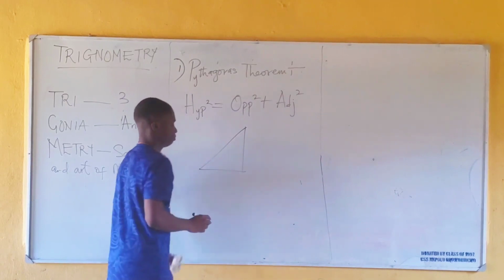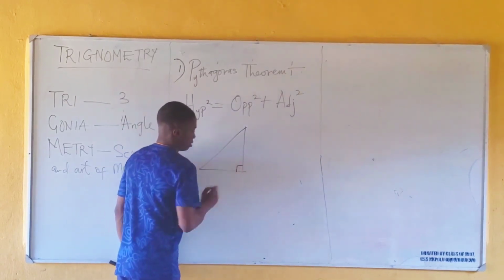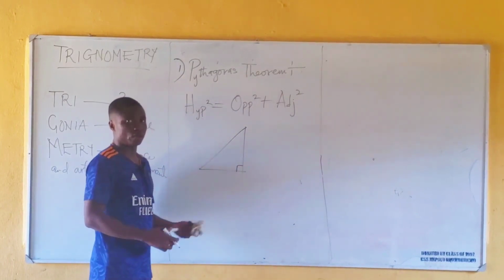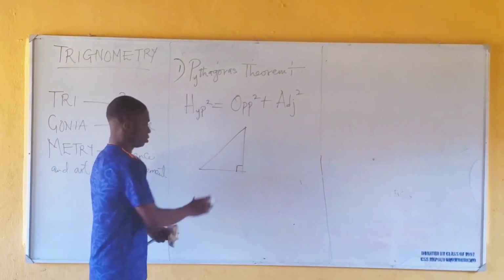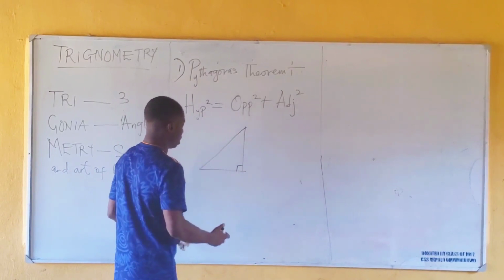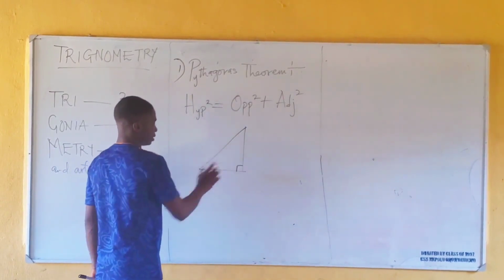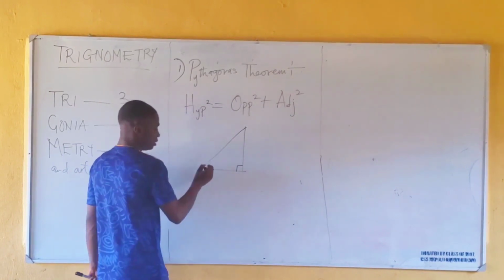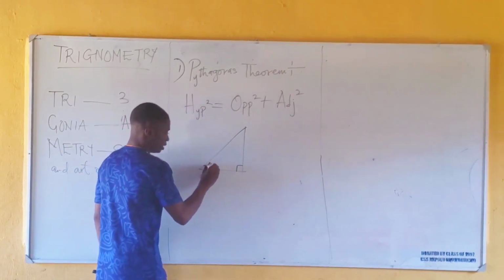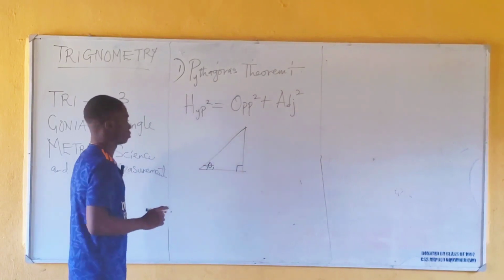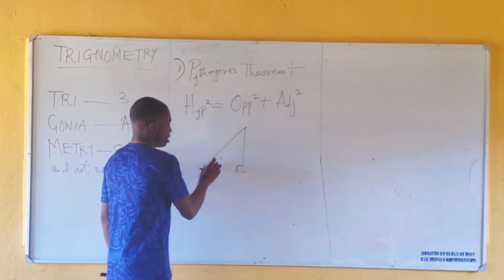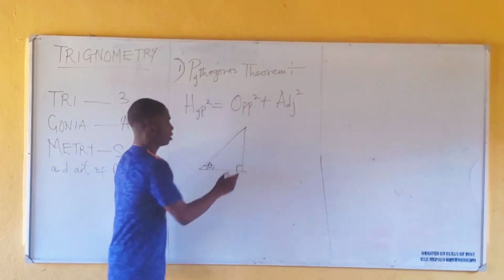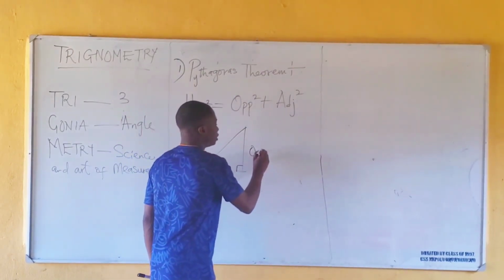Now, whenever we have something like this, remember, this sign shows that the triangle is a right angle triangle. So we have something like this. And we have this, this is another angle. Assuming this is theta 1. Wherever this theta faces is opposite.